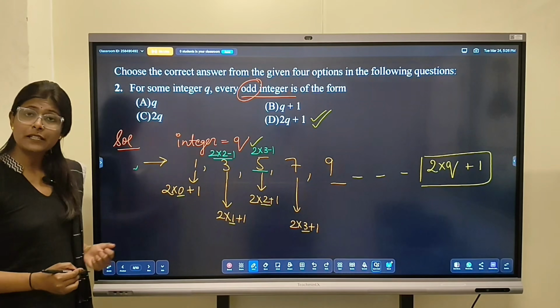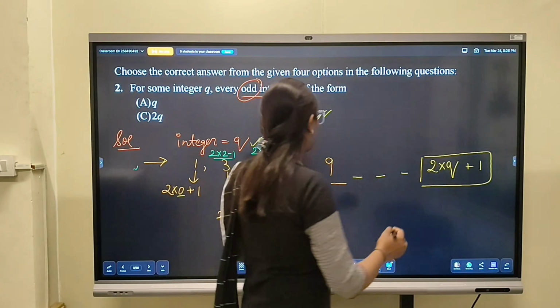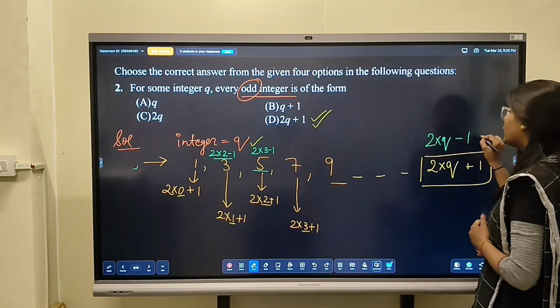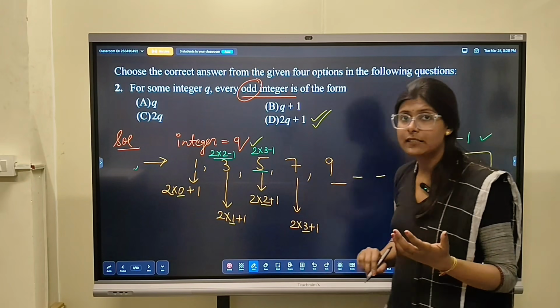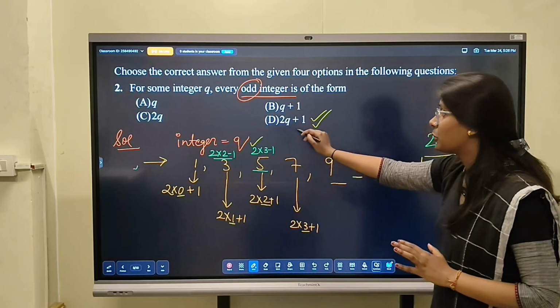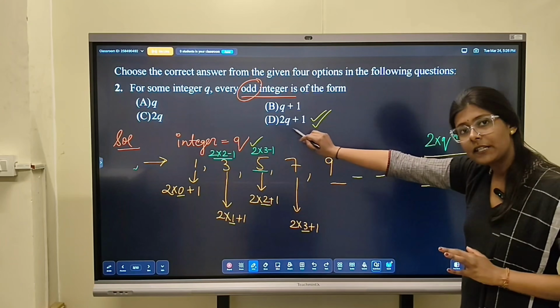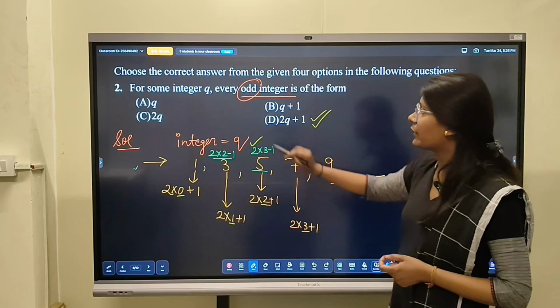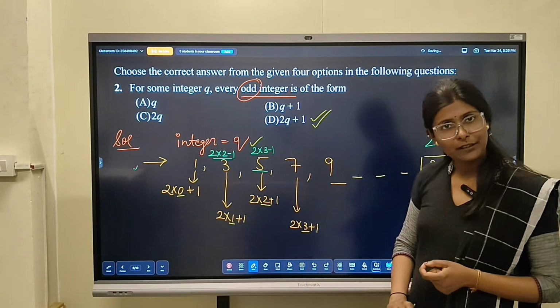That is 6 minus 1. That is why I can say that 2 times q minus 1 is also a correct answer. So you just have to be very cautious when you are selecting the option. If 2q plus 1 is there, that is also correct. If 2q minus 1 is there, that is also a correct form of odd integers, right?